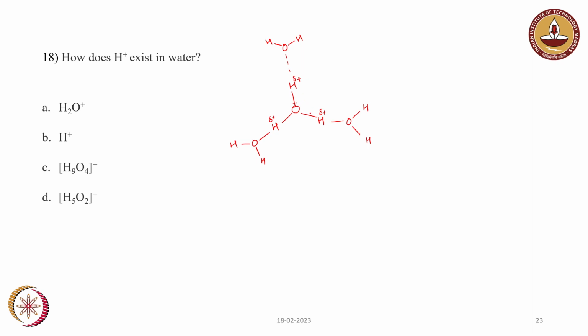First, it will be stabilized as H3O plus, then hydrated with 3 other water molecules. These are the 3 water molecules hydrating this H3O plus. So there are 9 hydrogens and 4 oxygens and the positive charge. So option C is the answer.